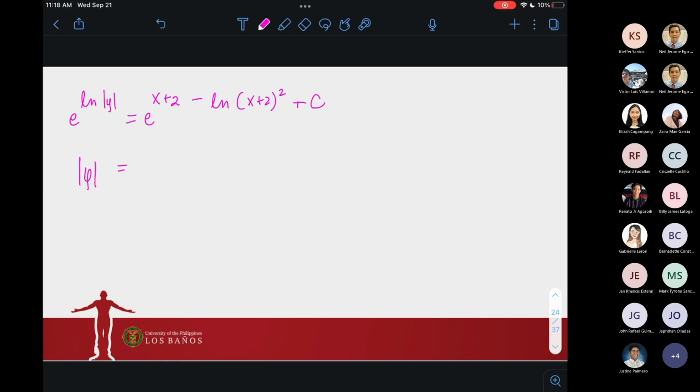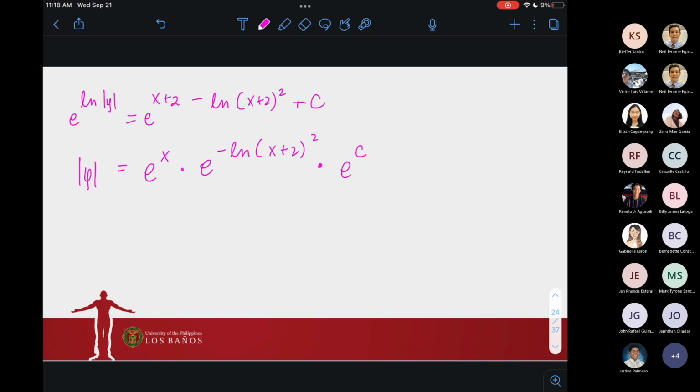I'll have e to the x minus ln. Pwede ko siyang paghiwa-hiwalayin. E to the x times e to the negative ln of x plus 2 squared. So I'm using the addition property now of exponents. So this will be e to the c.